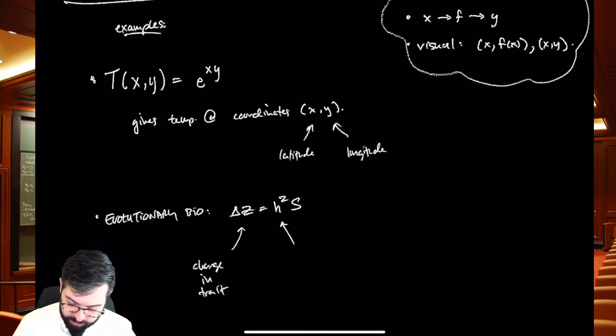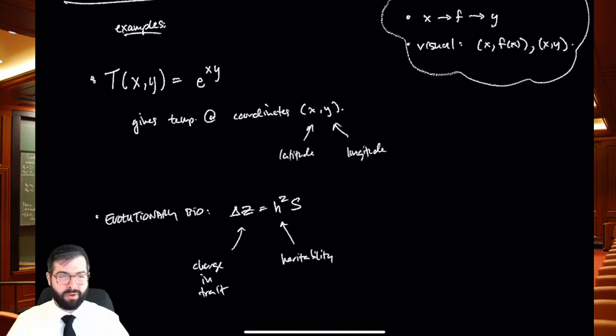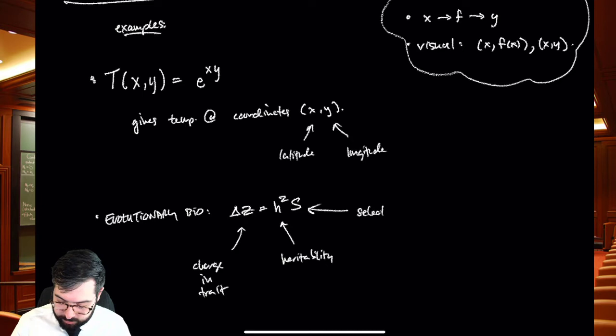This measures the heritability. So how closely related are organisms to each other on a DNA basis or on a trait expression basis? That's what this H is. That's an estimation. And then S is what's called the selection differential.